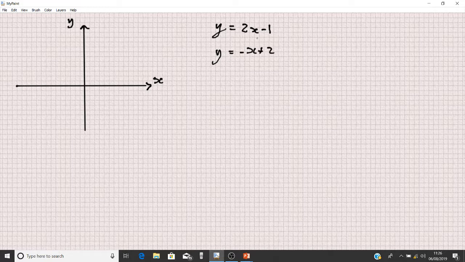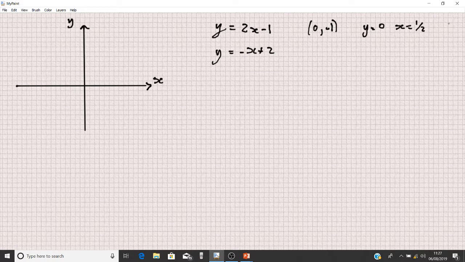So if we look at the first one, 2x minus 1, well, we know when x is 0, y must be negative 1. And likewise, we can look at when y is 0. If we set y to 0, then we'll find x is a half.